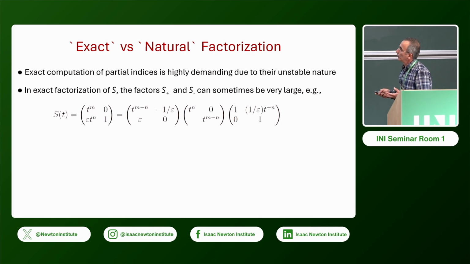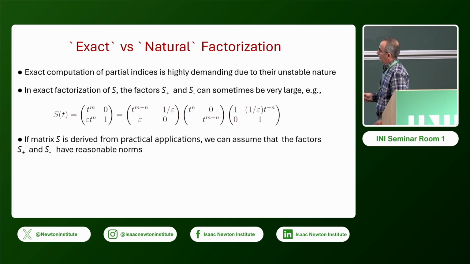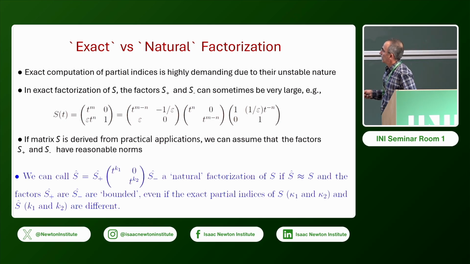And we can neglect it, assume that this is 0, and then we know the partial indices not of the original matrix, but maybe of an approximate matrix, but we are guaranteed that the factors are not large. We call a factorization natural if we do not factorize the matrix exactly.